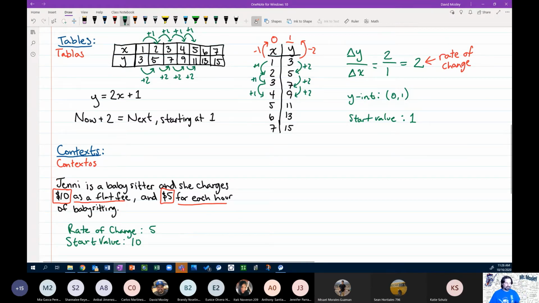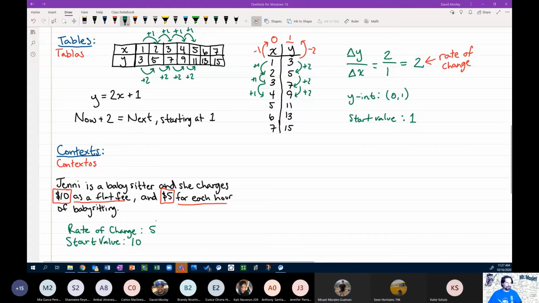We know that the 5 is the rate of change because it's attached to for each hour. Right? $5 por cada hora. Okay. And then we have $10 as a flat fee. All right. I don't know how to translate flat fee. Un precio fijo.